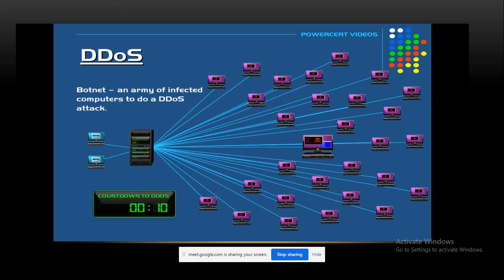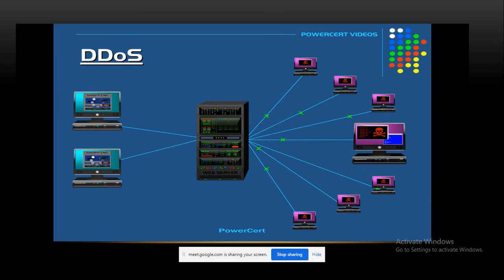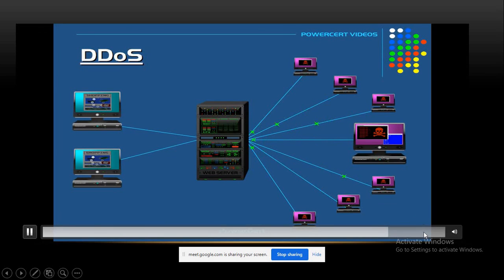The attacker can send out commands to all these computers, telling them to attack at a certain date and time. Once that set time is reached, the attack begins. A DDoS attack can last for hours or even days. It just depends on the attacker's intent.